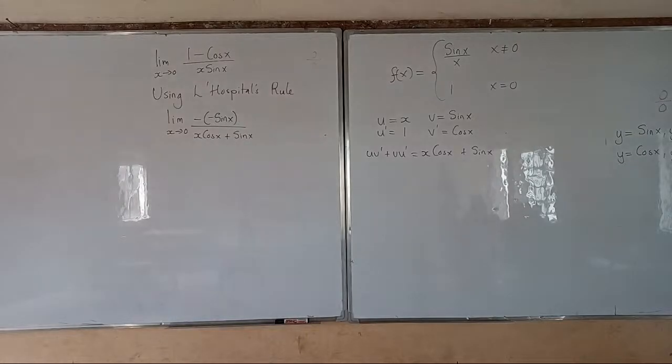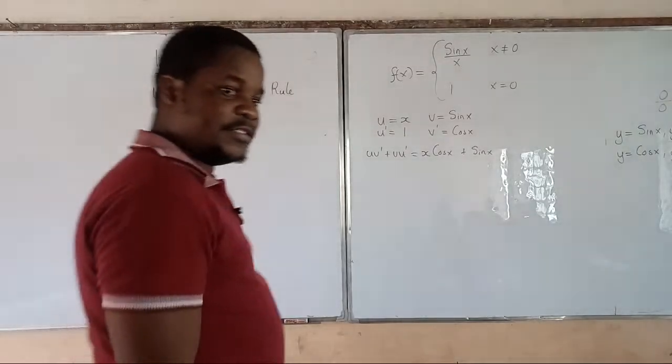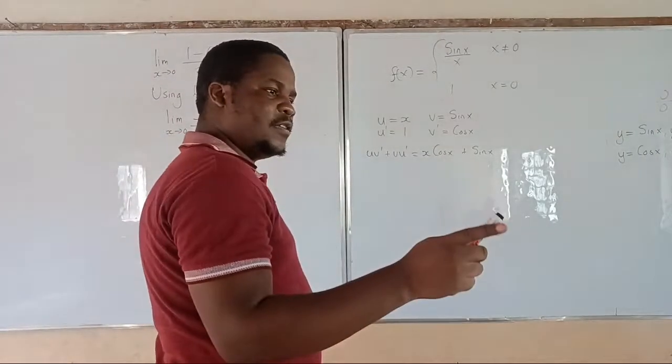What are the limits? What are you getting? 0 over 0, isn't it?